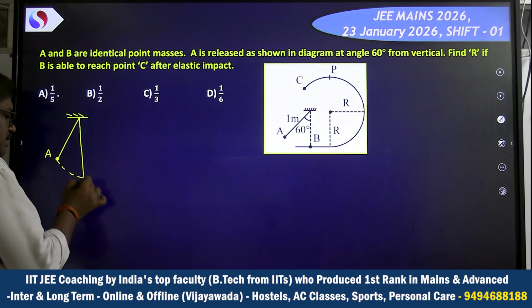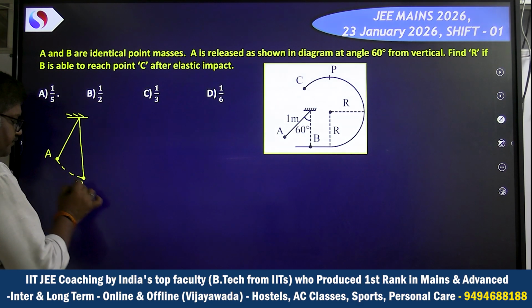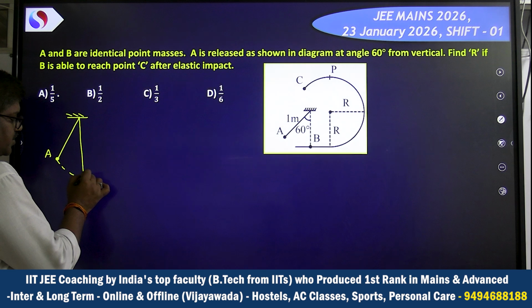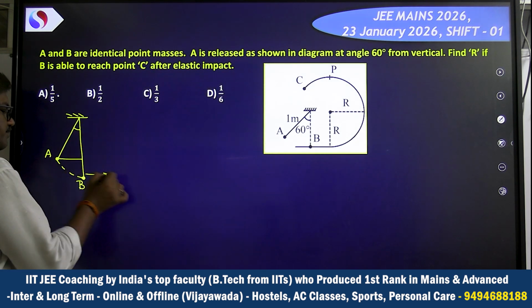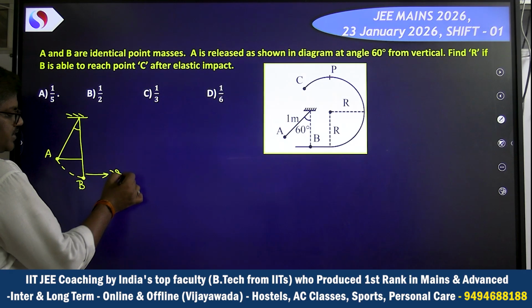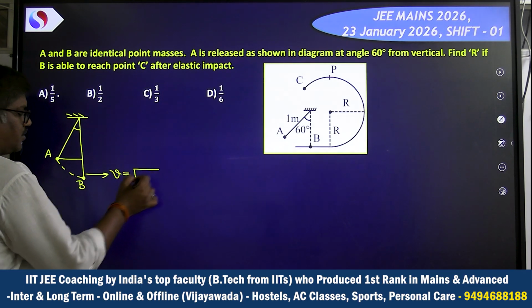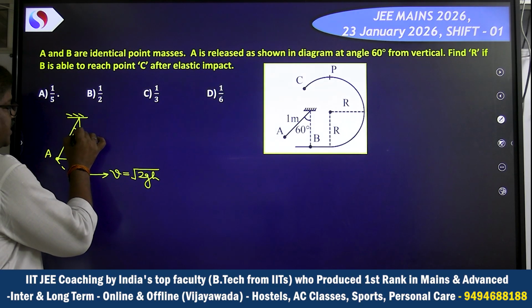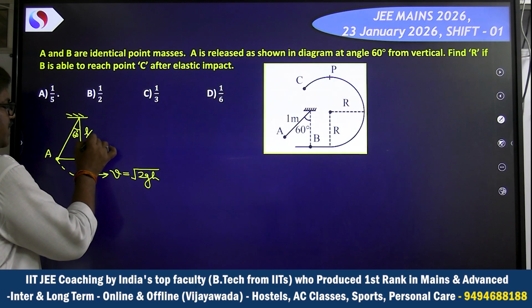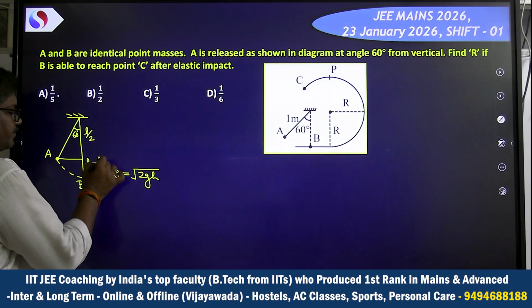When it reaches the bottom B, what is its velocity at that time? Its velocity will come from mgh. So this velocity when it reaches point B is under root of 2gh, and this angle is given to you as 60 degrees. That's why this height is L by 2, so h is also L by 2.